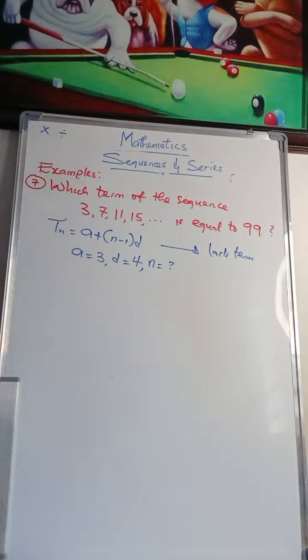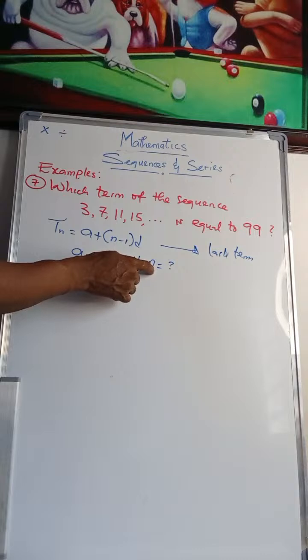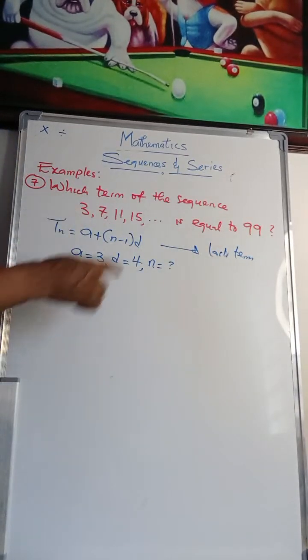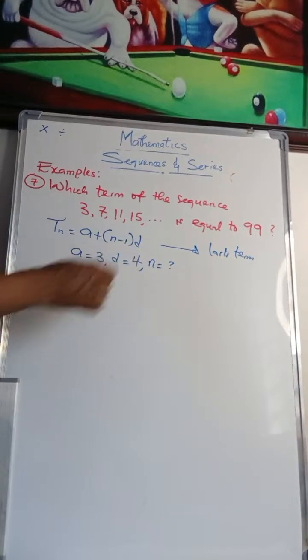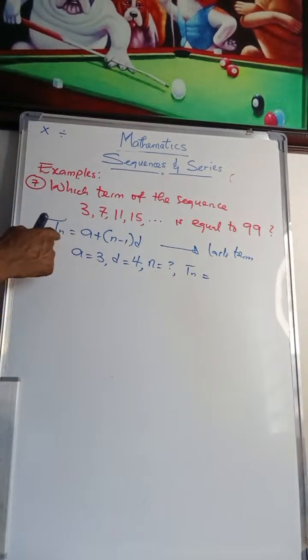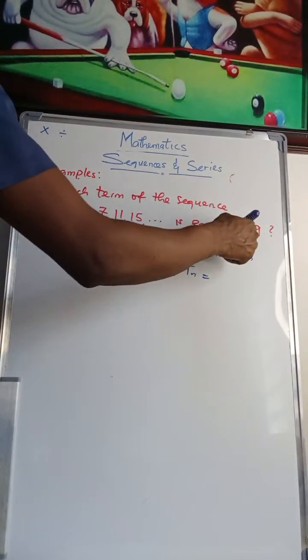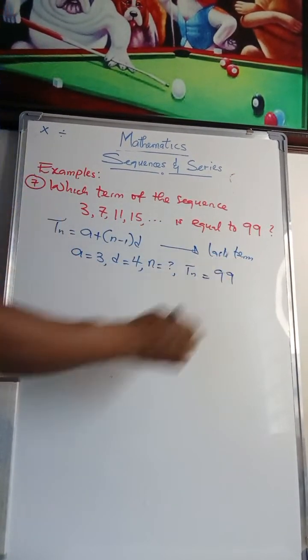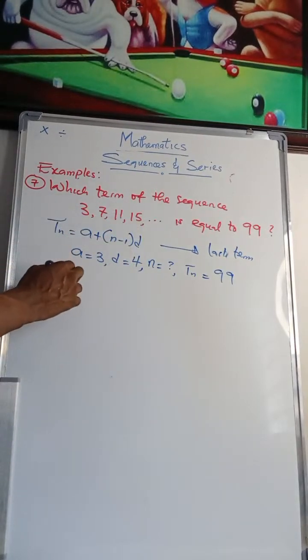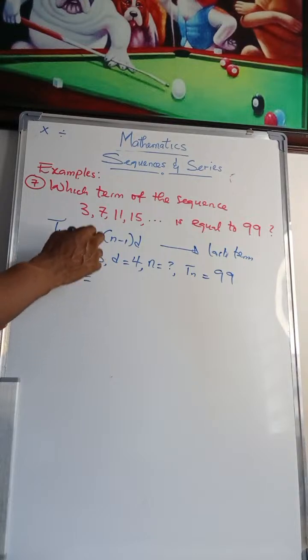Because we have to find the nth term that will give us 99 as part of this sequence. So what we are actually looking for is our n. Our Tn is given already, the last term, 99. So we're going to use the formula Tn equals a plus n minus 1 d.